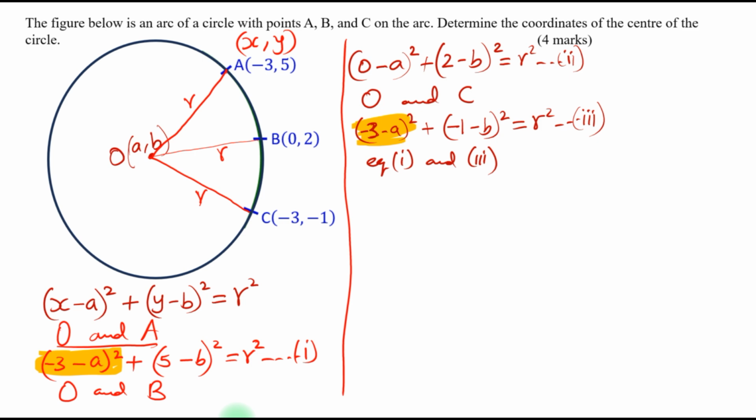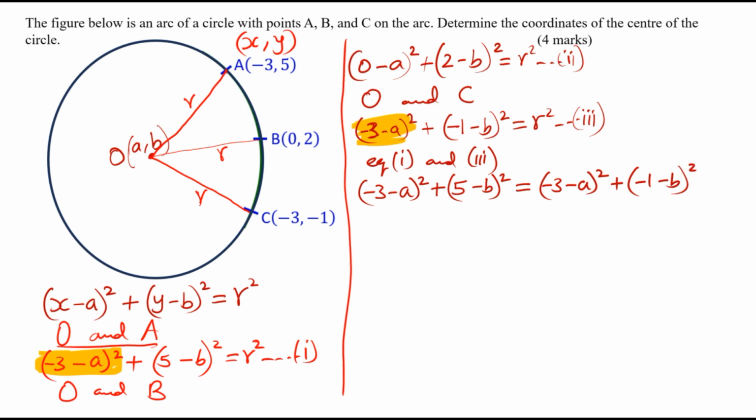We have (minus 3 minus a) squared plus (5 minus b) squared equals (minus 3 minus a) squared plus (minus 1 minus b) squared.